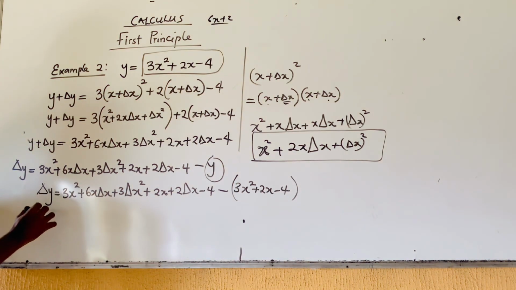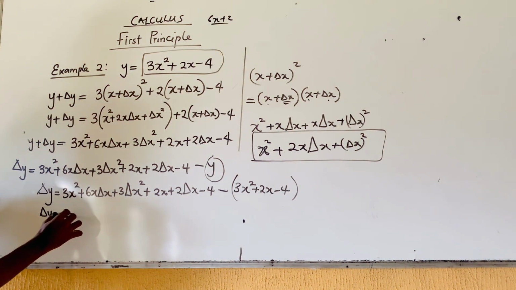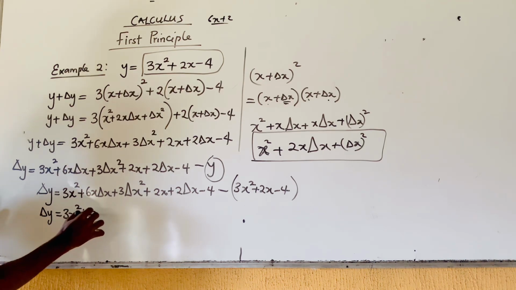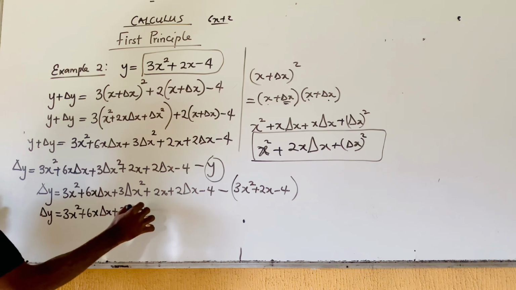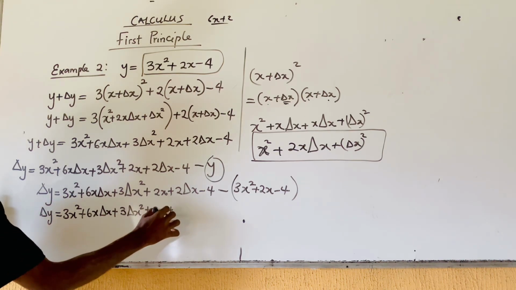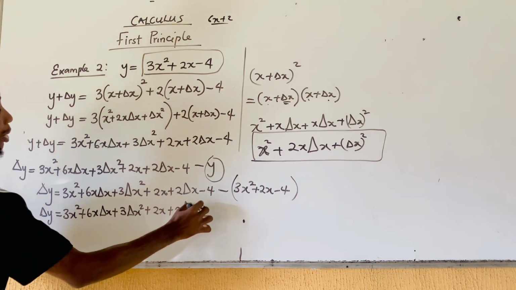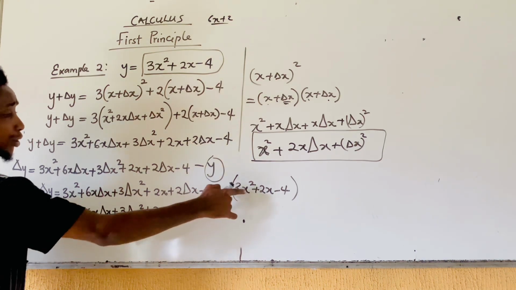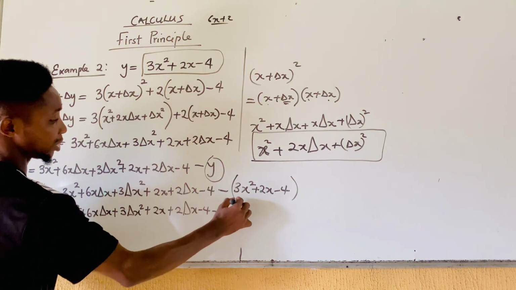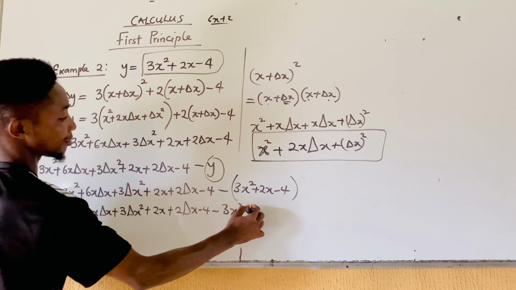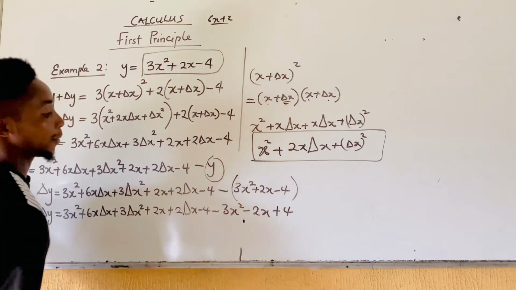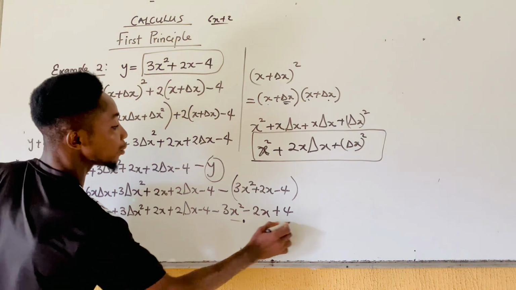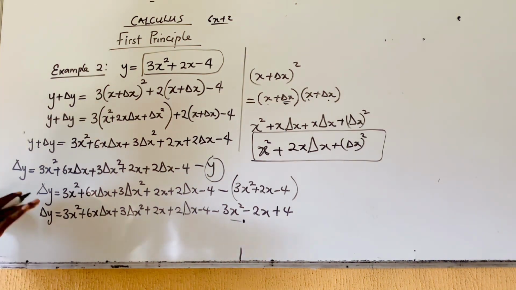Then let's expand that bracket. 3x squared, 6x change in x, plus 3 change in x all squared, plus 2x, plus 2 change in x, minus 4, minus times 3x squared, minus 3x squared, minus times plus 2x, minus 2x, minus times minus 4 is plus 4. And remember I said all the values of y will be cancelled out. It's a must so long as you are working with this method.